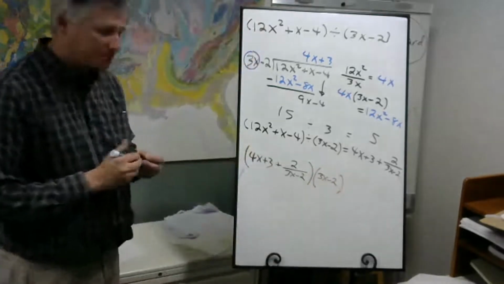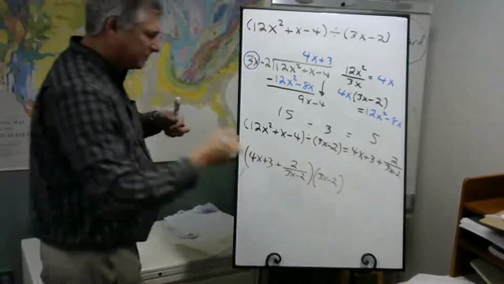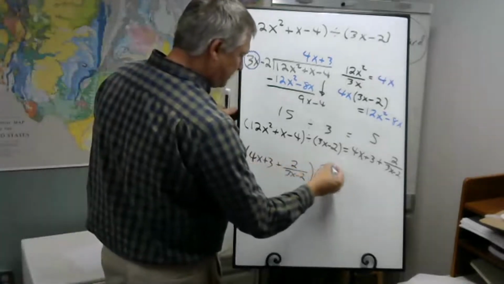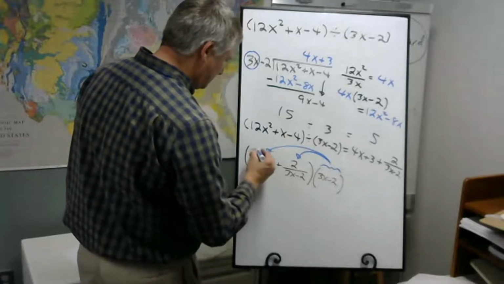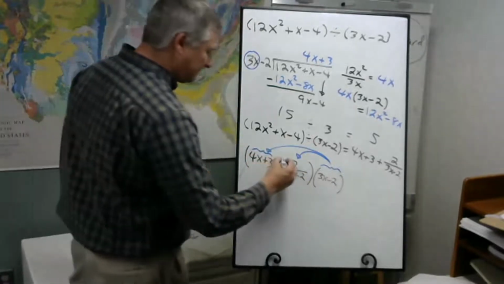So let's do the multiplication. Well, we're going to distribute this entire 3x minus 2 to everything here.